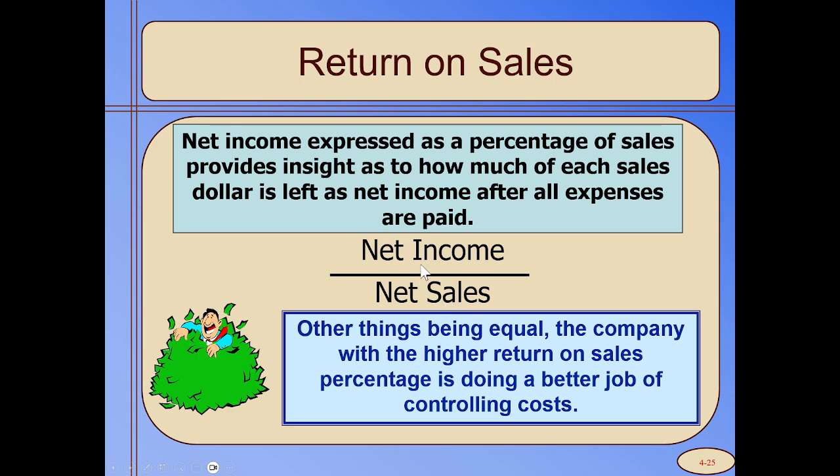It is calculated as net income divided by net sales. Other things being equal, the company with the highest return on sales percentage is doing a better job of controlling costs.